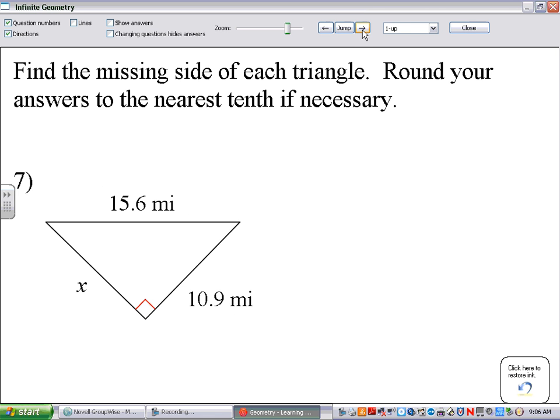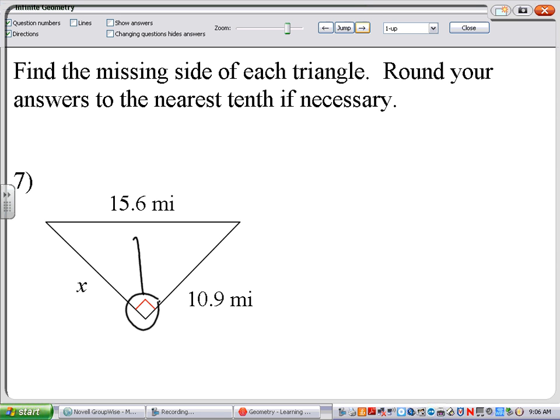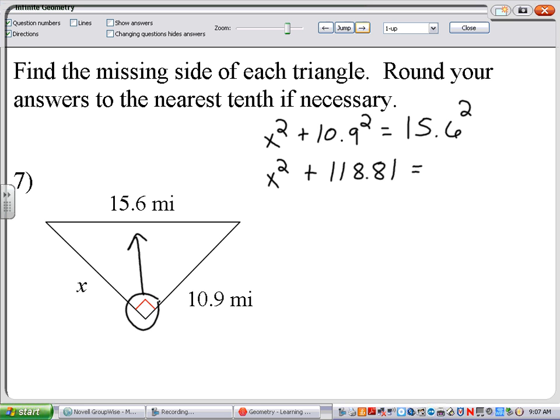Let's do the next one, number 7. Which one is my C? Right angle, directly across. 15.6 would be the longest. So I could write x squared plus 10.9 squared equals 15.6 squared. I would have x squared plus 10.9 squared, and my calculator gives me 118.81, equals 15.6 squared.